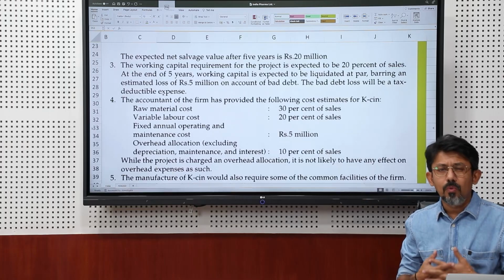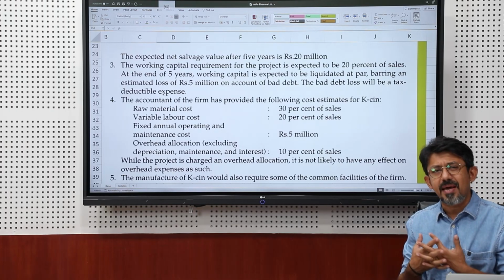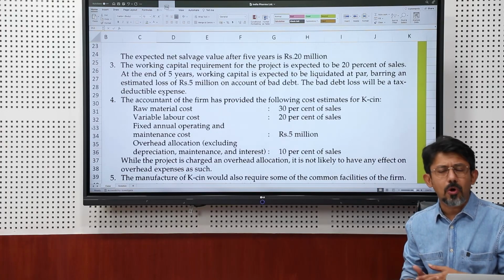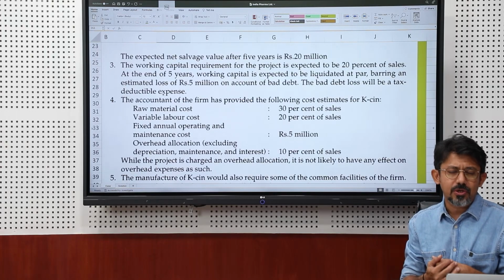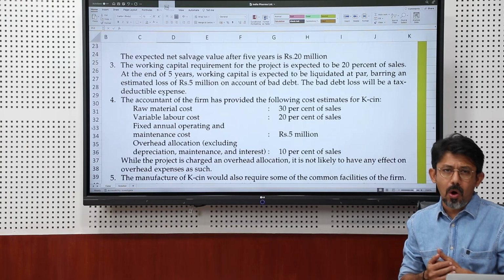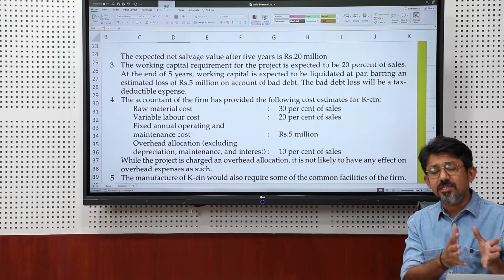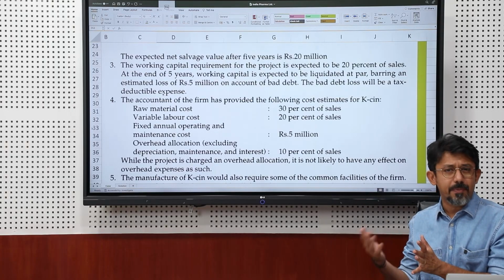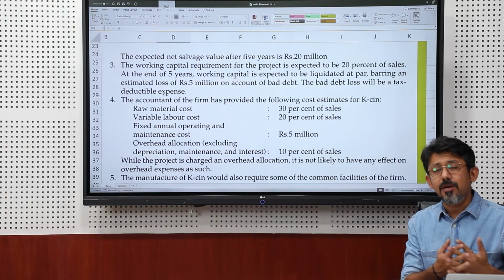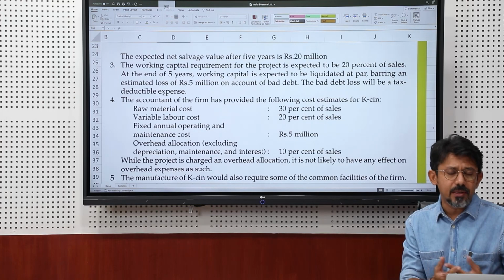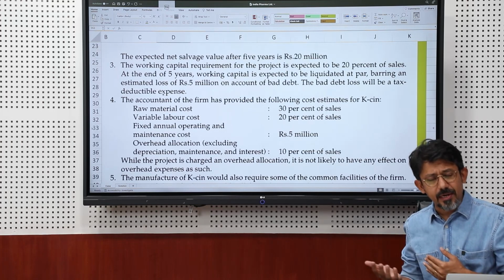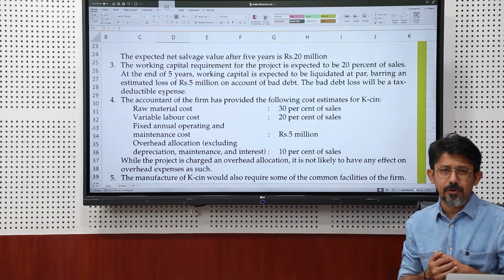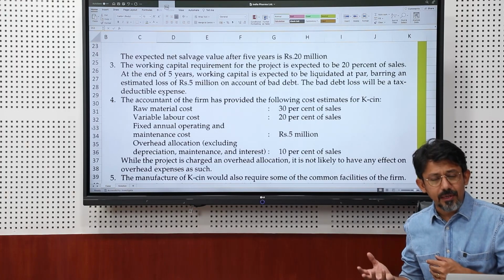First of all, working capital, as we know, is current assets minus current liabilities, and once you launch this product, not all your sales is going to be on cash, not all your purchases will be on cash. So, credit sales will result into debtors, which is receivables, a part of current assets, and credit purchases, let us say if you are buying raw material, would result into creditors, that is amount payable to suppliers, popularly known as trade creditors, which is a part of current liability.